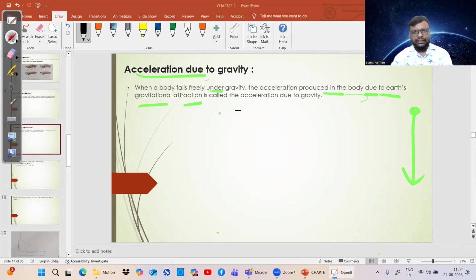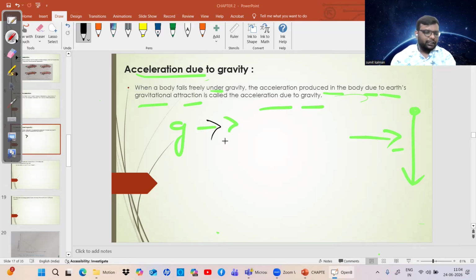In simple words, the acceleration produced when a body falls freely under gravity due to Earth's gravitational attraction is called acceleration due to gravity. And students, it is denoted by the symbol small g.